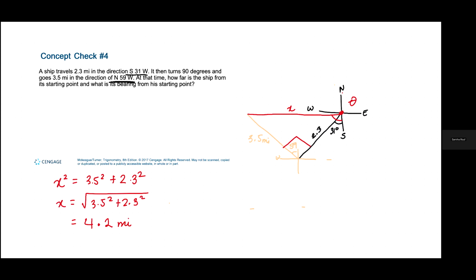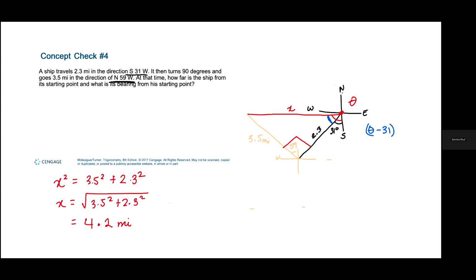Now let's see how we can determine what theta is. Okay, so again, theta is the angle indicated in red. So if we subtract 31 from theta, then we have this portion right here inside the triangle. So the blue would indicate theta minus 31 degrees.